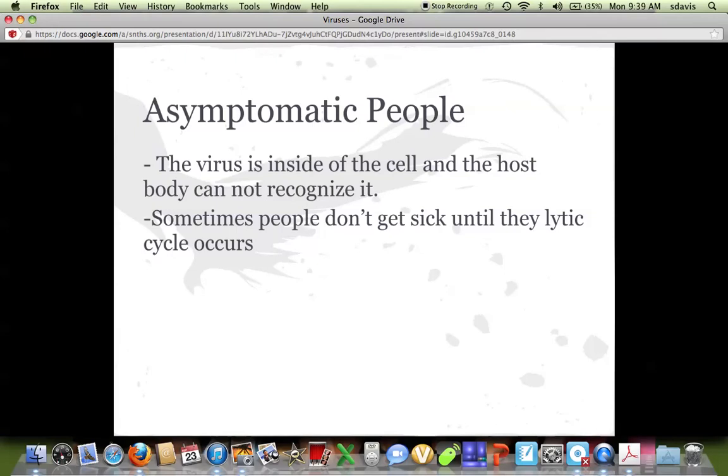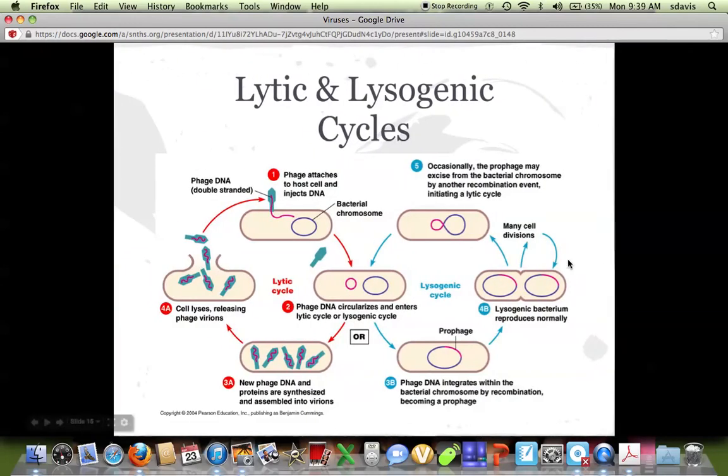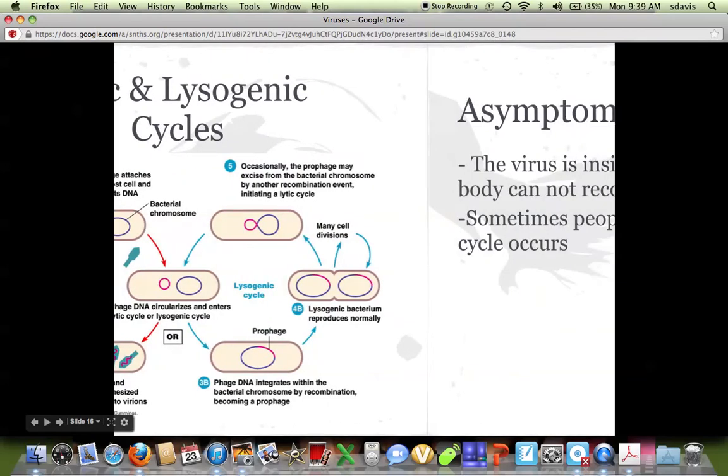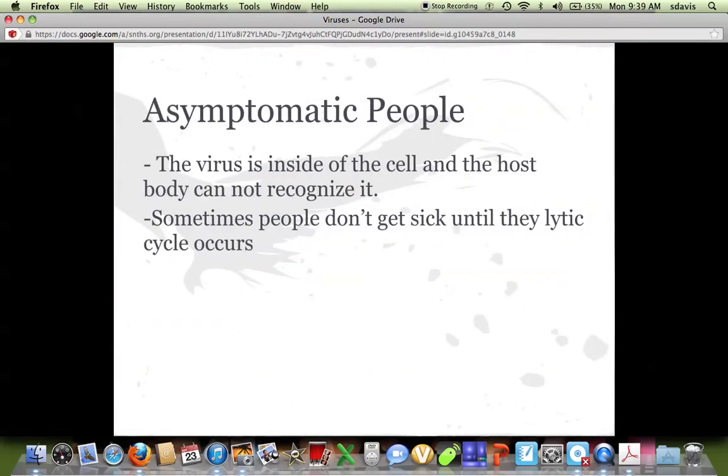So then this goes back to asymptomatic people, as we were talking about earlier when you learned about STDs such as gonorrhea, syphilis, and chlamydia, how some people can have these STDs and not even know they have it because they're not displaying any symptoms. And the reason for that is that when the virus is inside of the host cell, our body doesn't recognize that there's a virus.